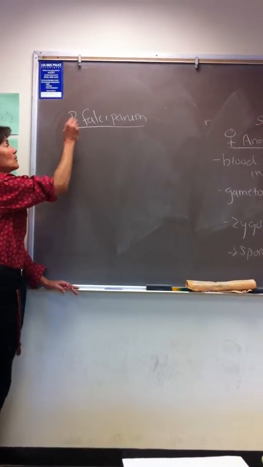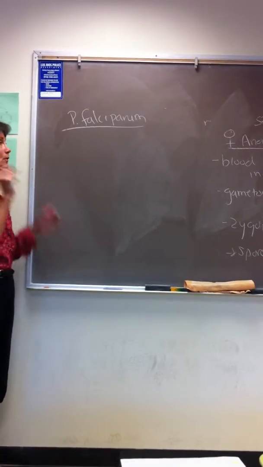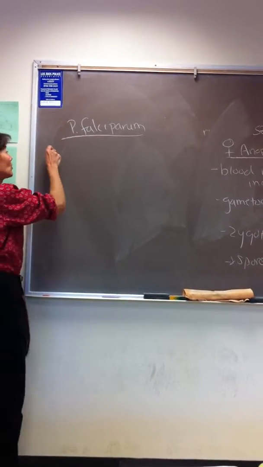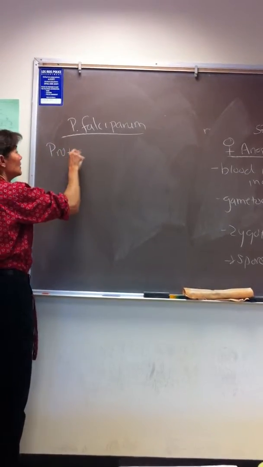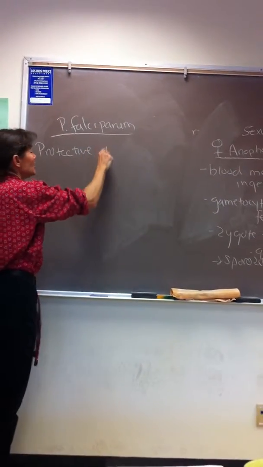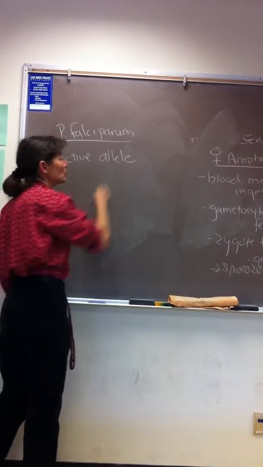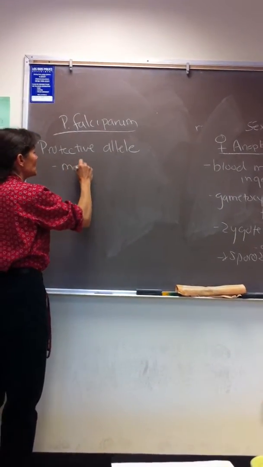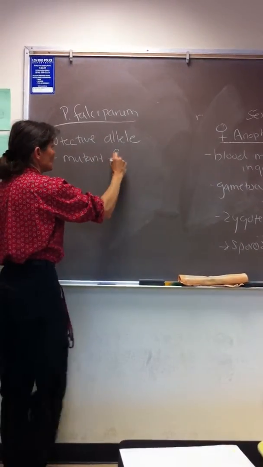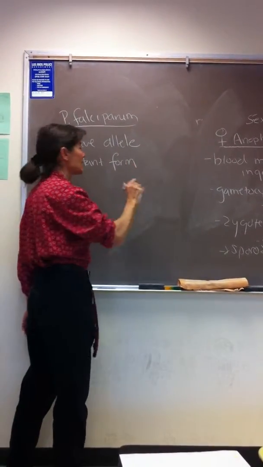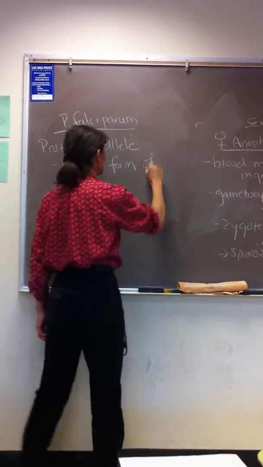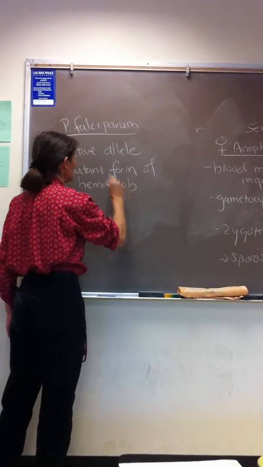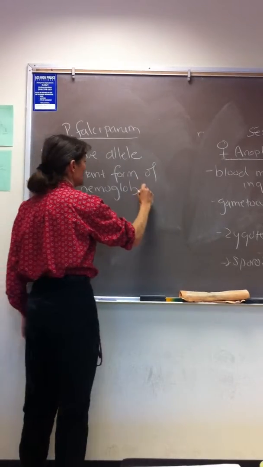So it turns out Plasmodium falciparum has selected humans for a mutant hemoglobin allele. Okay, so a protective allele in humans. An allele is a version of a gene. The protective allele is for a mutant form of hemoglobin. It's just a single amino acid change in the mutant form of hemoglobin.